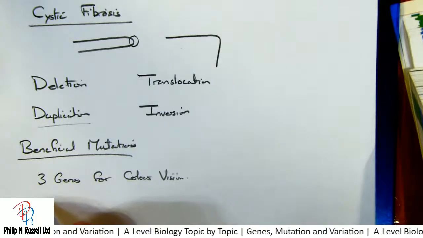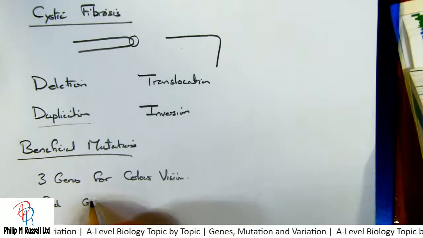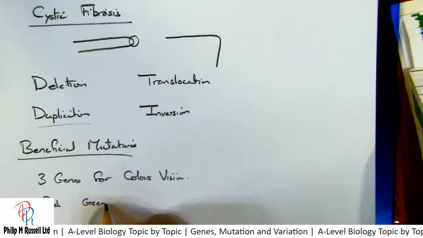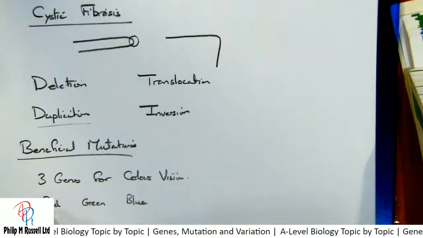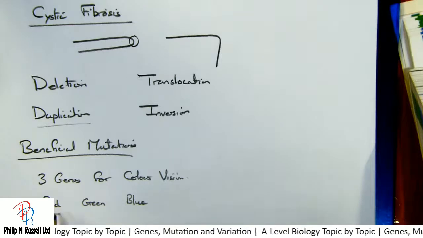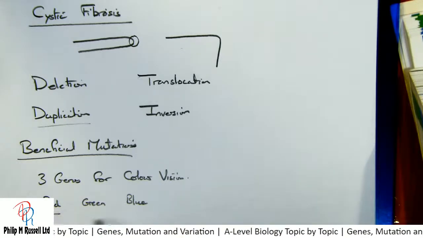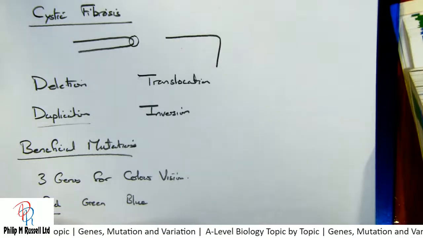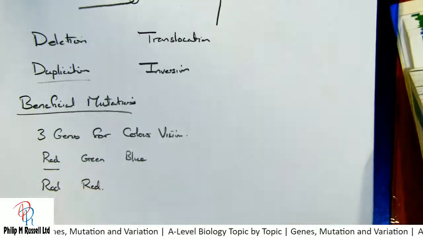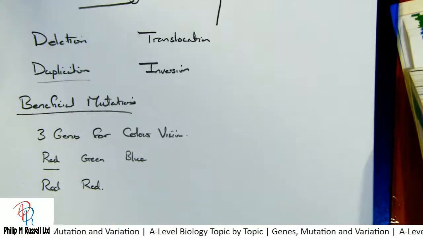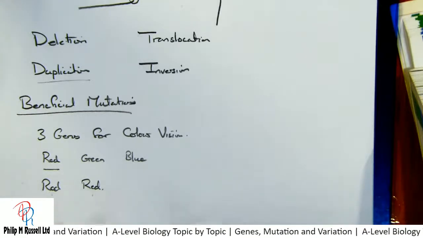So I've got one gene that, say, can read red, one that can do green, and one that can do blue. Originally we started off with just one of these, and for some reason this got duplicated, so I've now got 2 red genes, probably somewhere different in the genome. Well, that's no problem, because I can either use this one or this one.